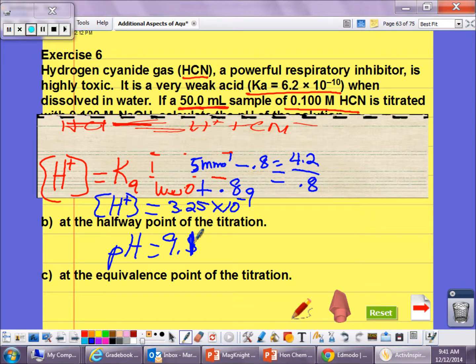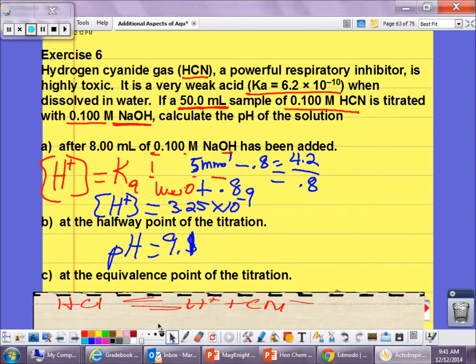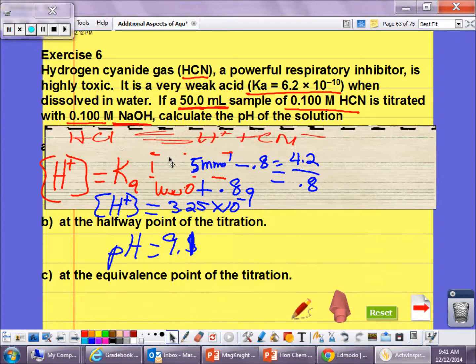At the equivalence point, what is the pH? What we need to do is, at the equivalence point, the moles of the acid should equal the moles of the base. The moles of the acid we already said was 0.1 times 50, which gives you 5 millimoles.